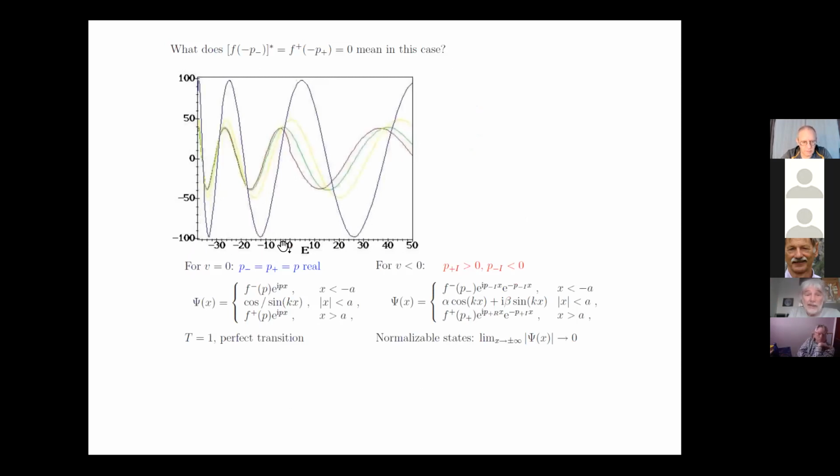We can extend the energy from 0 to positive values, and the pattern of this function, which determines the energy eigenvalues, is pretty much the same as in the negative energy range. So we have a situation in the positive energy domain very similar to the negative energy domain.